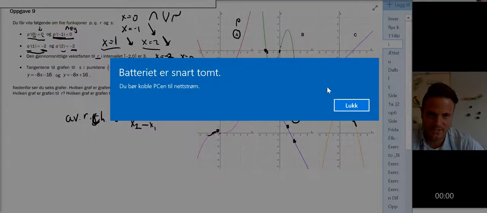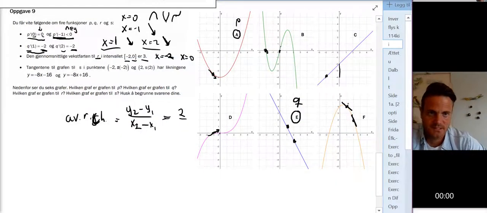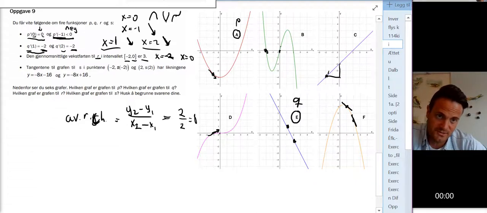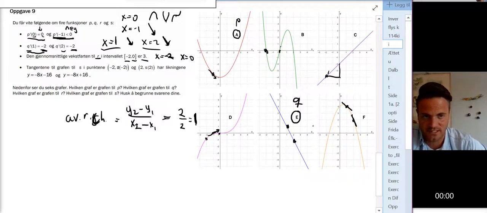The temperature increases by 2 in 2 hours. So the average rate of change is 1 per hour. So it's not 3, so it's not C. And then we have D here. When x is -2, and x is 0 is here, the temperature is increasing by approximately 1 in 2 hours. So this is not this one as well.